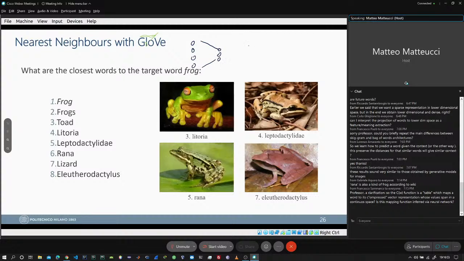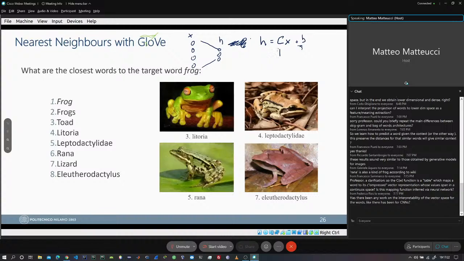So let's say this is H and this is X. Basically H is equal to C times X. Here you can have plus a bias, but the question is, is C a matrix?